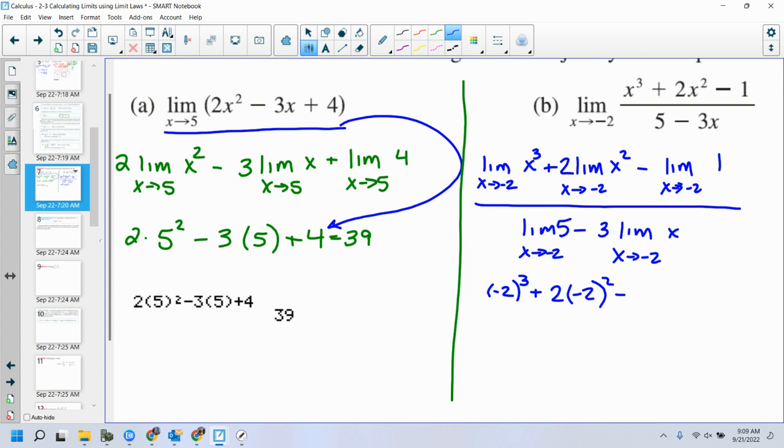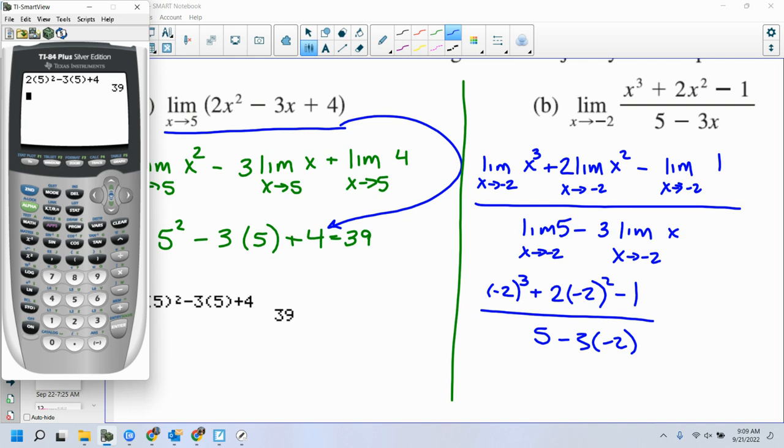The reason I'm saying this is I've known from past experience you guys like to say -2. No. I'm not plugging anything in there, right? It's just the constant. The constant is the constant. So it's 1. And then we have the limit as x goes to -2 of 5. Again, same thing. 5 minus 3 times -2.